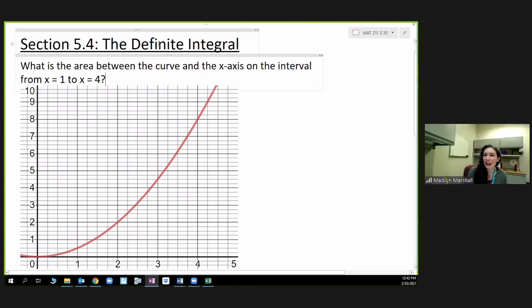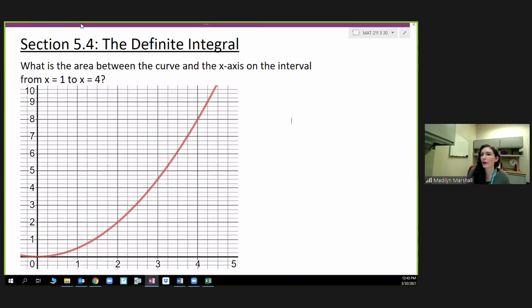So the definite integral. Before I say what exactly that is, this is our question that we are going to think about for a second. We want to know what the area between the curve and the x-axis is on the interval from x equals 1 to x equals 4.